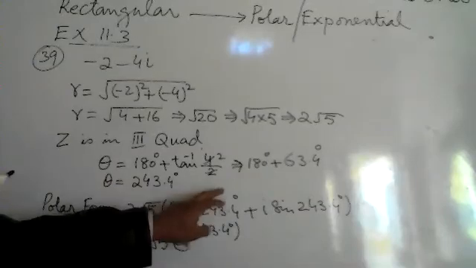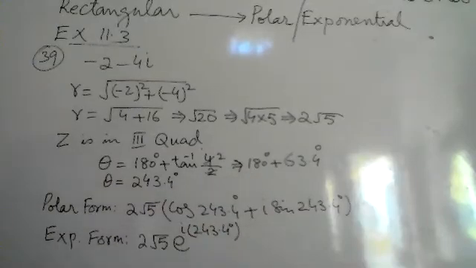You have to put the sign of degree. It is necessary, otherwise it will be considered as radian. So this is the way to find the exponential form and the polar form.